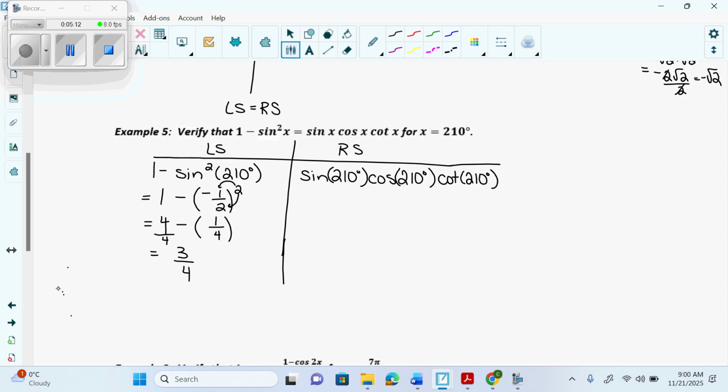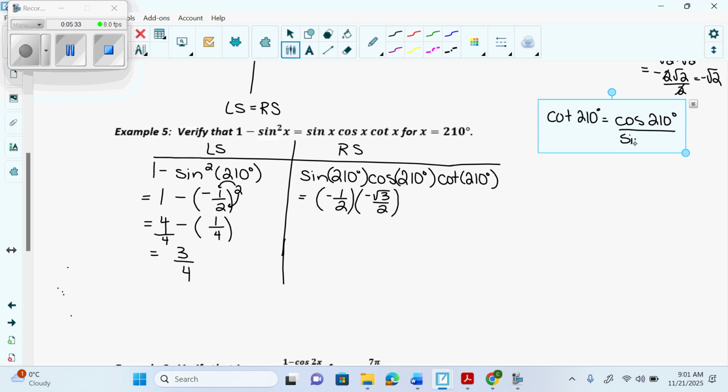So sine of 210 is -1/2. Cos of 210 is -√3/2. Cotan of 210, if I wanted to do outside, I can go cotan of 210 degrees equals cos of 210 over sine of 210.